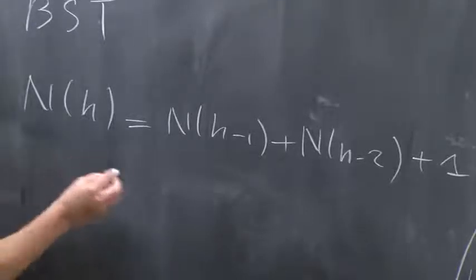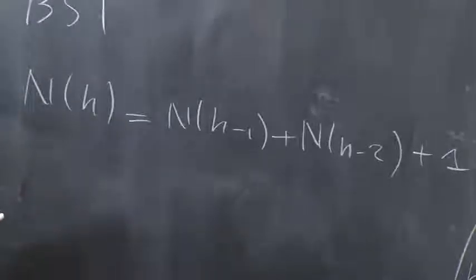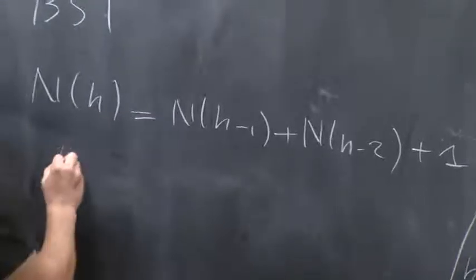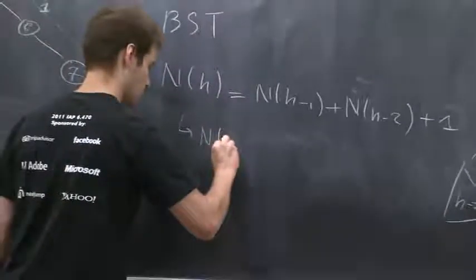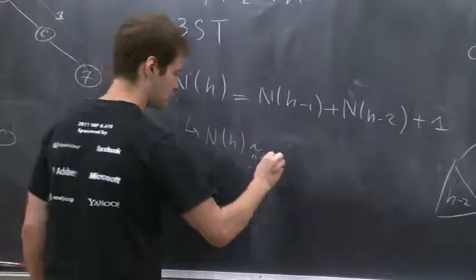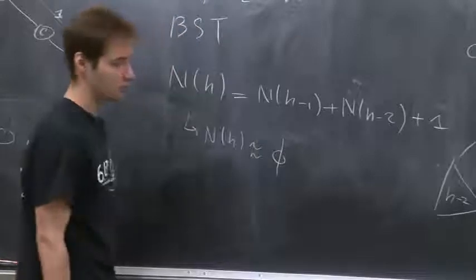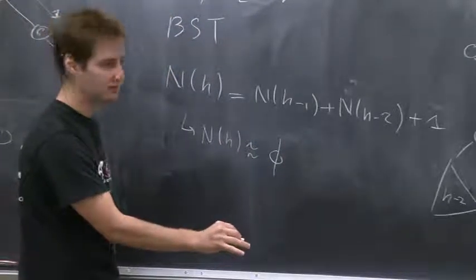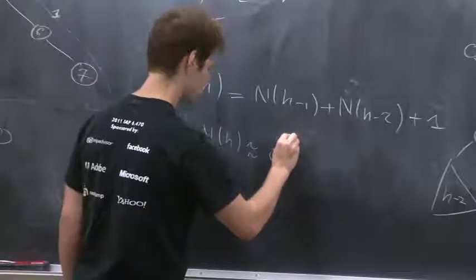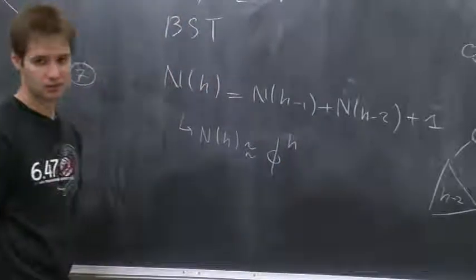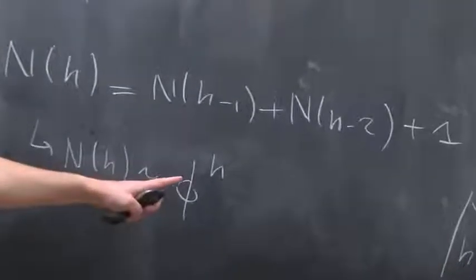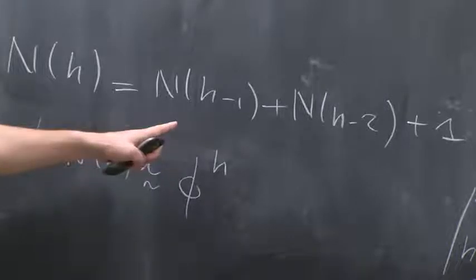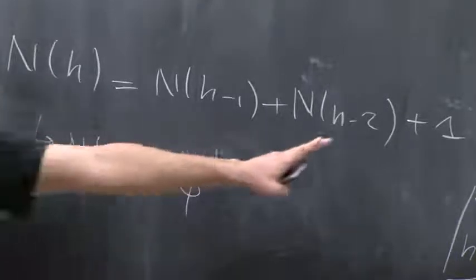Okay, so I'm not going to solve this now. We learned how to solve recurrences a long time ago, so I'll pretend I still remember how to do that, and I will tell you that the solution looks something like this. n of h is roughly phi, which is the magic number that we talked about in lecture, to the h. Roughly, which means there might be some things there that I forgot. So what really matters is that it's an exponential in h. This is close to the Fibonacci number formula, except there's a +1 here.